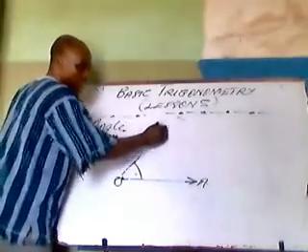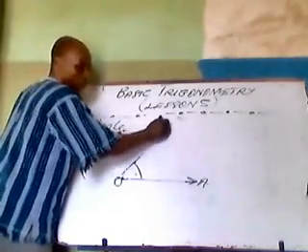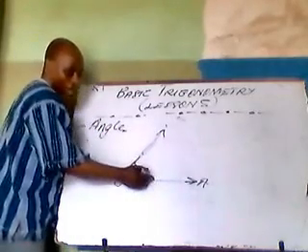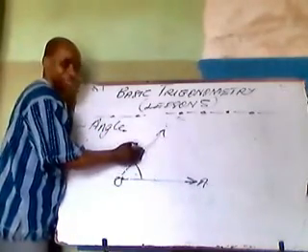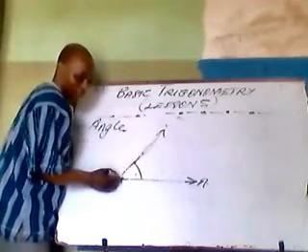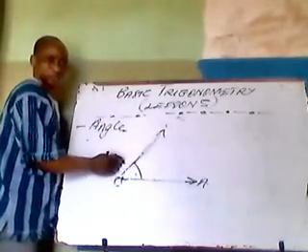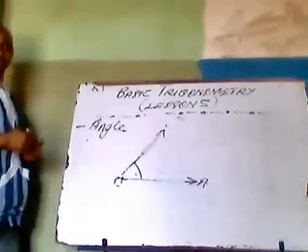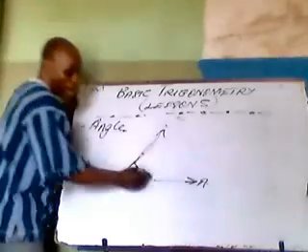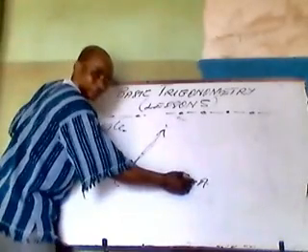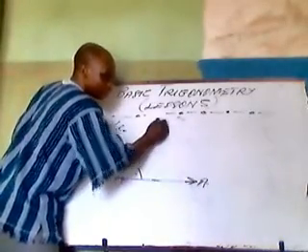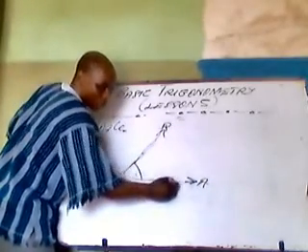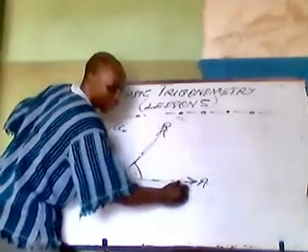And where the rotation ends, it also creates another end. Now, both where the angle started and where it ended, you see that it describes some kind of line segments. And these line segments are called the arms of the angle. Now, where the rotation started, that's A, and let's say it ended at B. The line A is what we call the initial side of the angle.